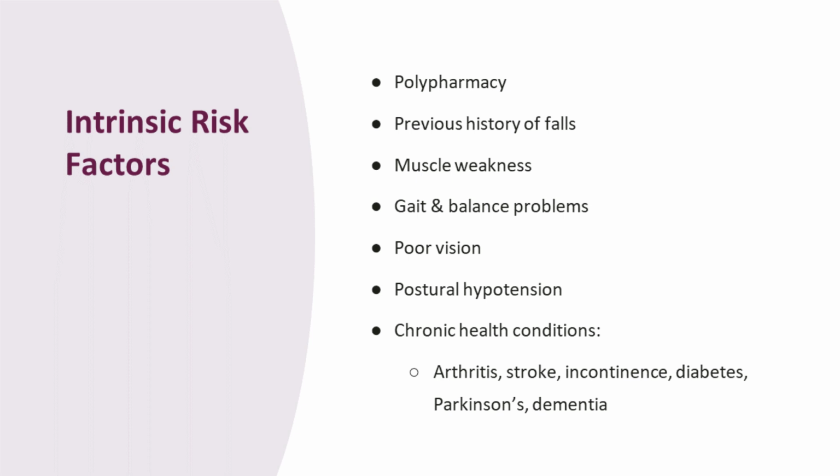So when we think about the intrinsic risk of falls, we talked about how the aging process relates to the risk of falls. And you might think, well, why does polypharmacy end up on this list? Well, often older adults are taking multiple medications. Often they've taken maybe a medication over a long period of time.